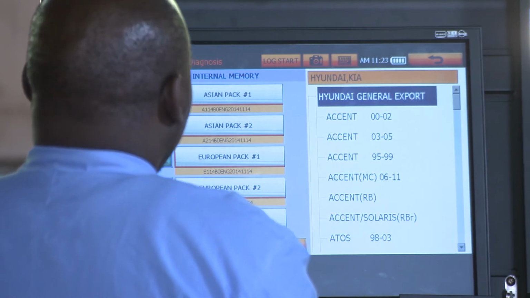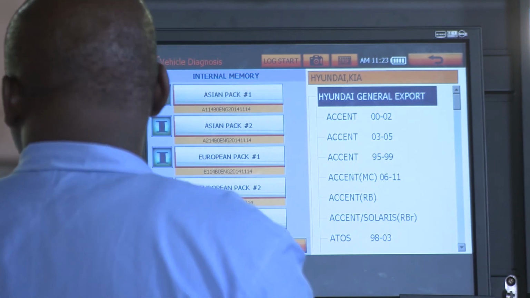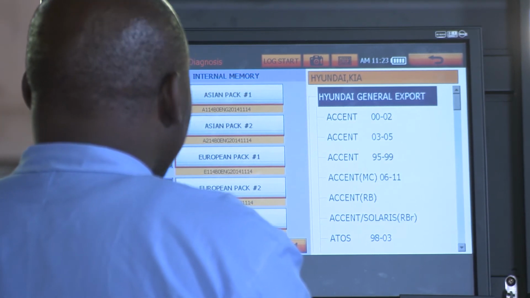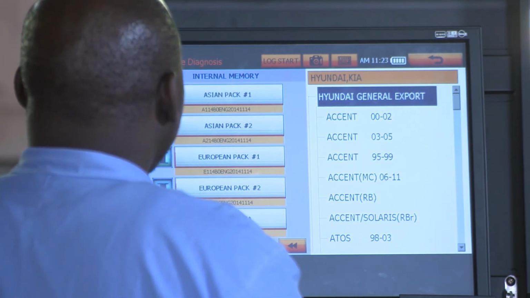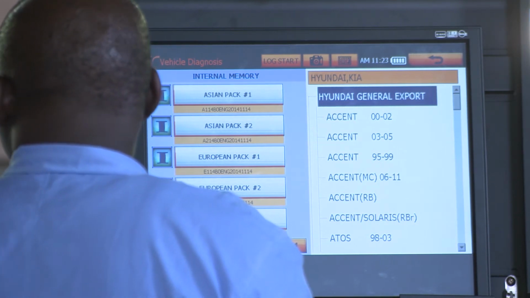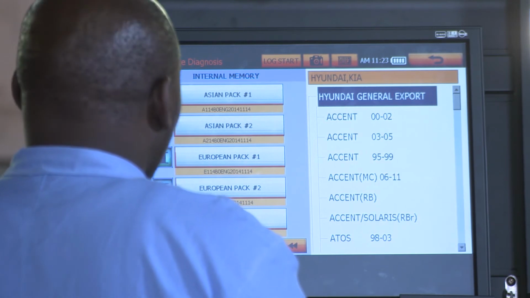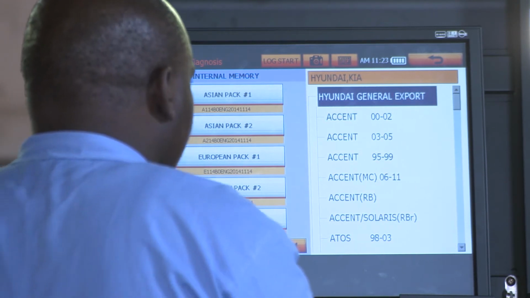So, in diagnosis, you also have to know which kind of vehicle. This one is Hyundai. There are many Hyundai models: Accent, Elantra, Atos, Grandeur, Tucson, and so on. This one is Hyundai Sonata.